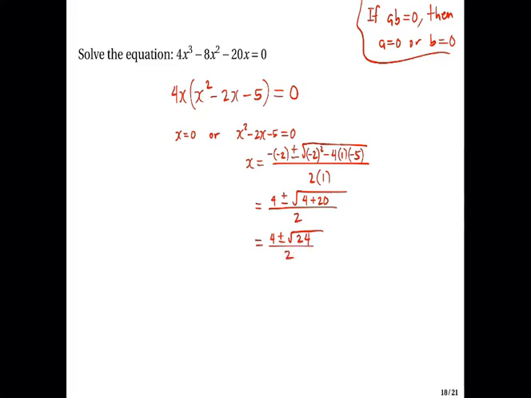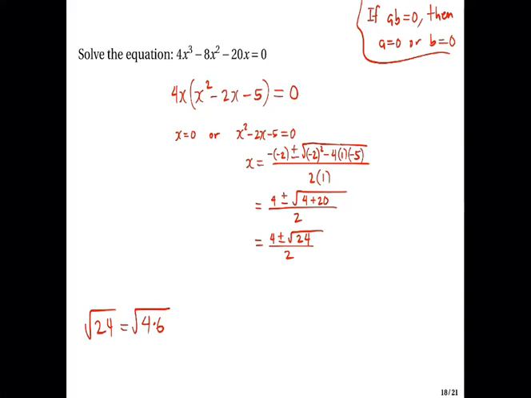And again, looking at 24, same as before, your 24 is 4 times 6. You can think of 24 as 12 times 2. You can think of 24 as 3 times 8. Totally fine.